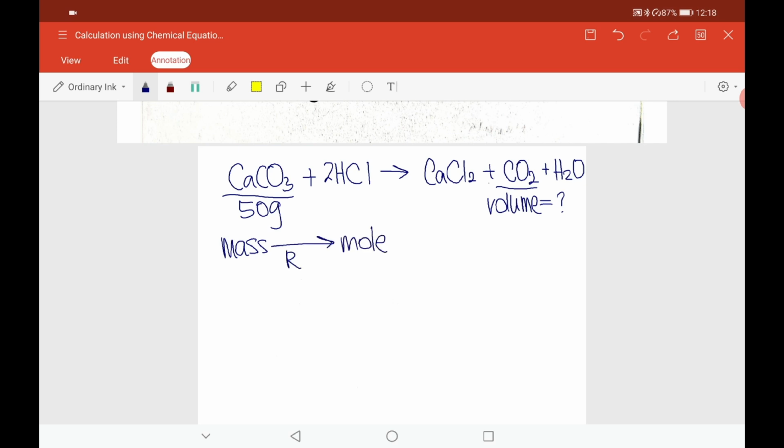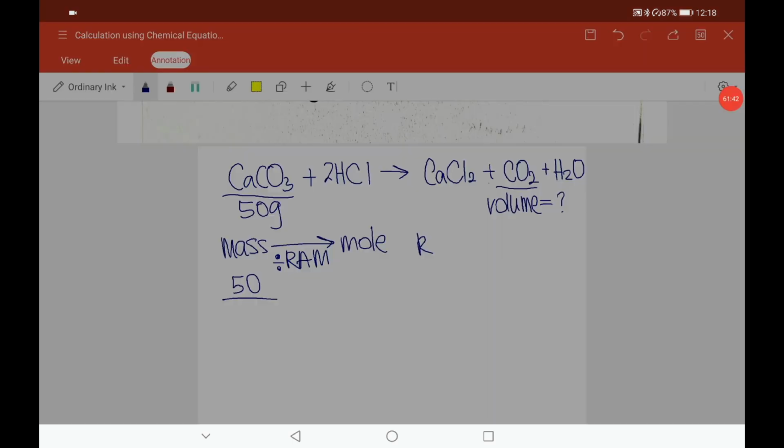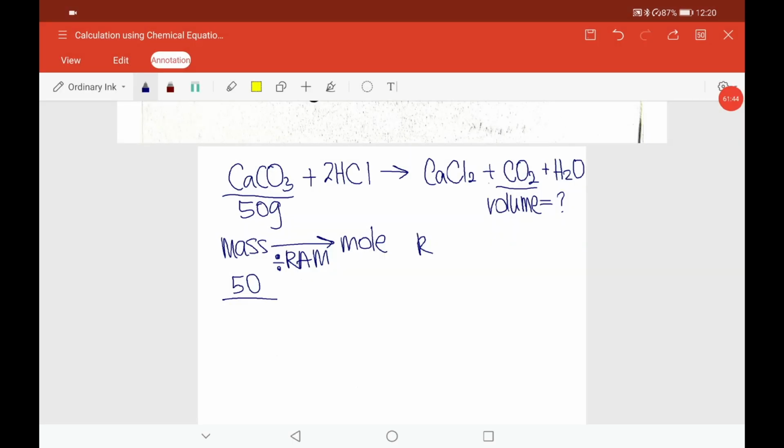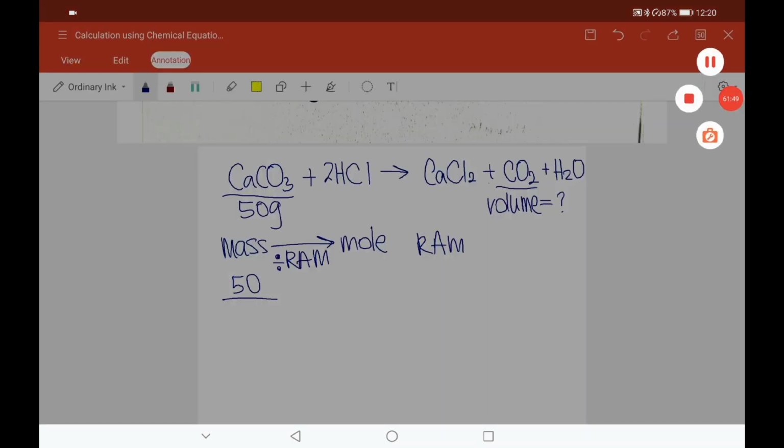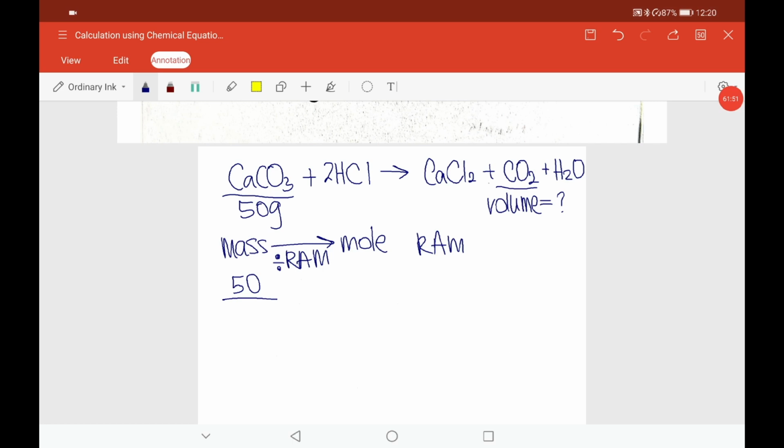Mass and mole are related by RAM, and we use divide. The mass is 50, so we need to find the RAM first. This RAM refers to CaCO3. You can add up the CaCO3 together, as RAM is given here.